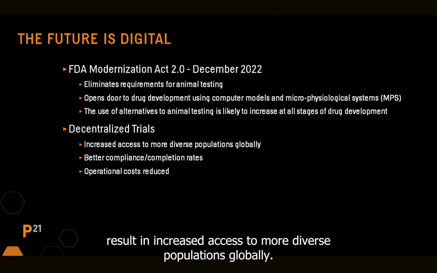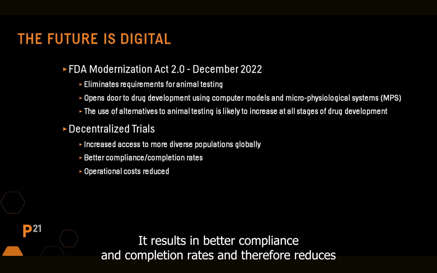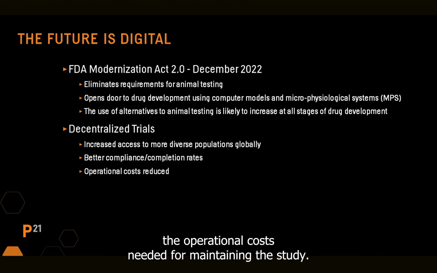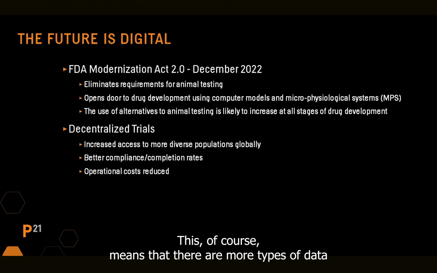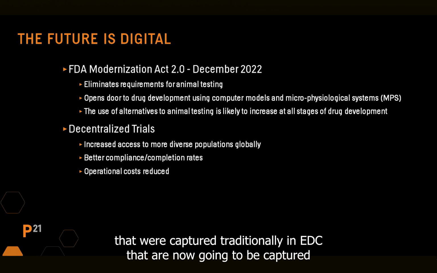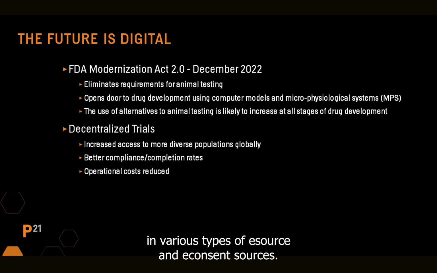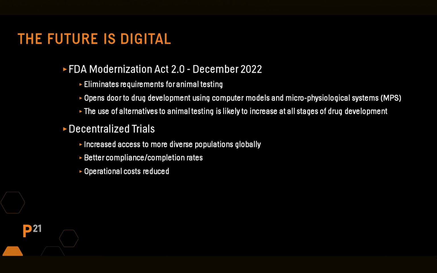Decentralized trials result in increased access to more diverse populations globally. It results in better compliance and completion rates, and therefore reduces the operational costs needed for maintaining the study. This, of course, means that there are more types of data that were traditionally captured in an eCRF that are now going to be captured in various types of eSource and eConsent sources.